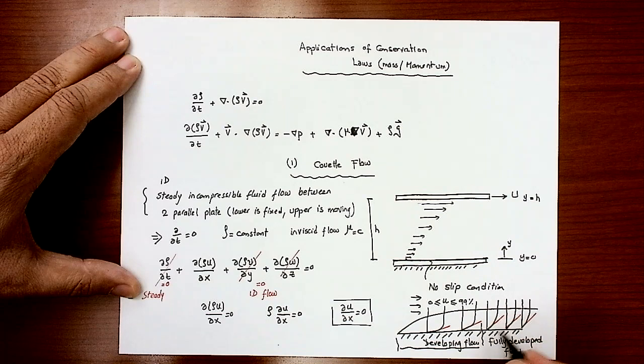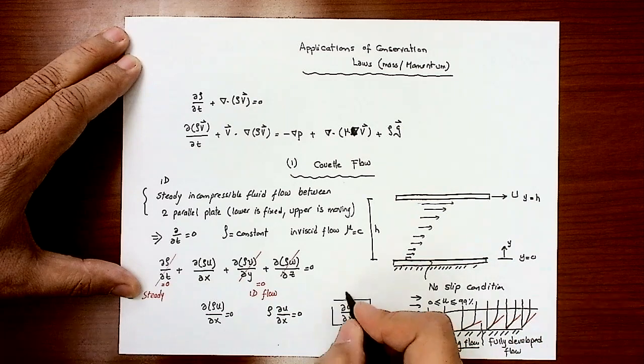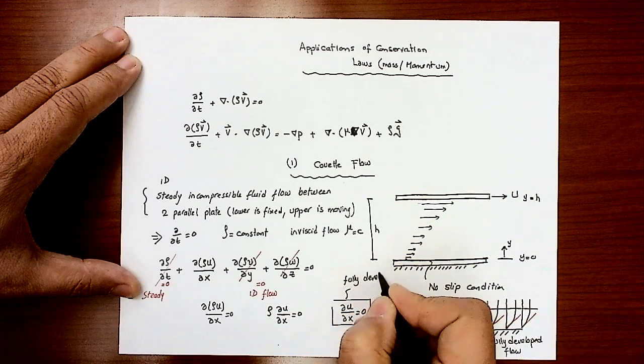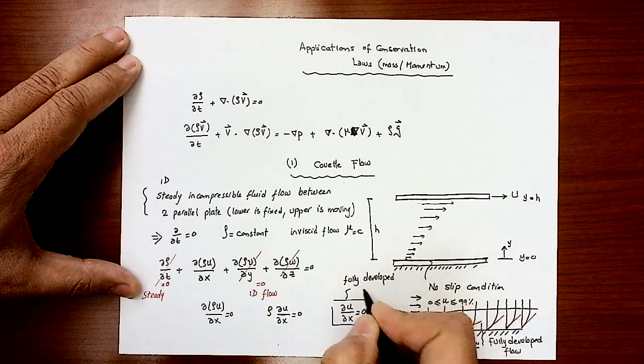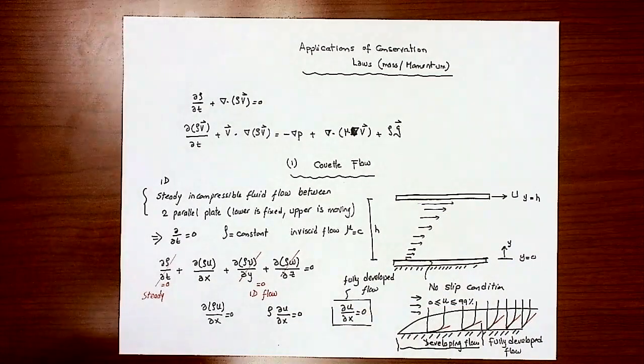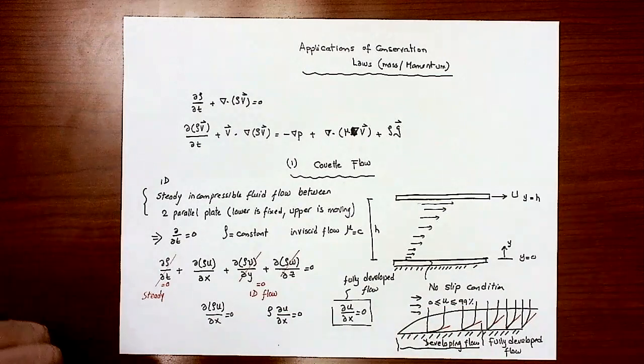So when you see that the slope does not change in the x direction, this means that we are in the fully developed flow. So keep that in mind here. When you see the first derivative equal to 0, it's an indication of fully developed flow. So that's what we got out of the continuity equation.